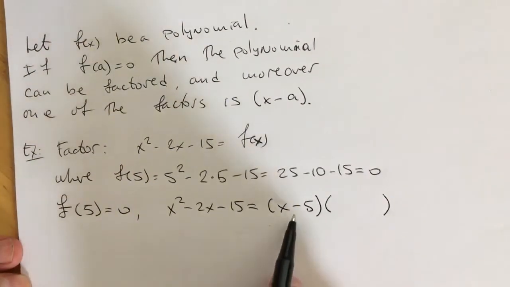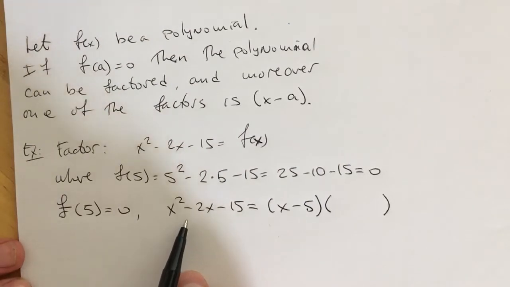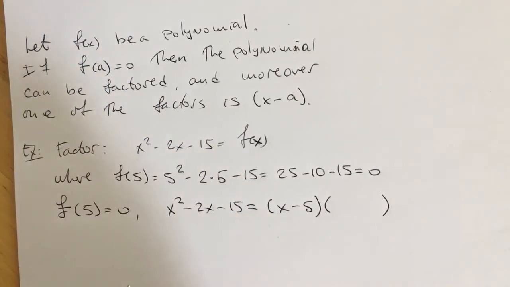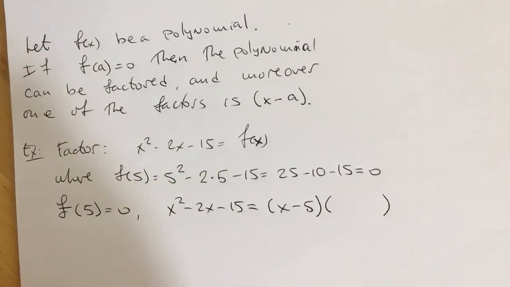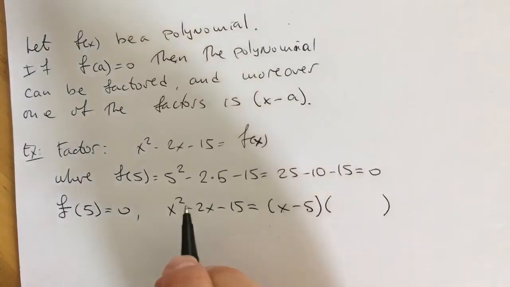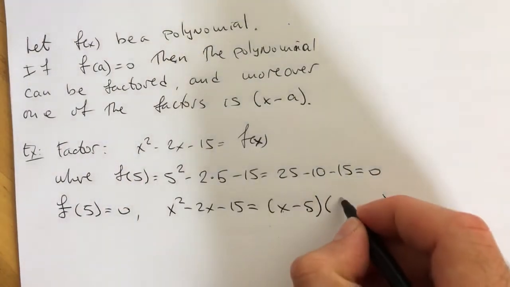Well, if I know one of the factors, and we're dealing with a quadratic expression here, a quadratic function, then the factorization is very simple. Basically, you just have to think, with what do I have to multiply x to get x squared? Well, that's easy. That's just x, right?